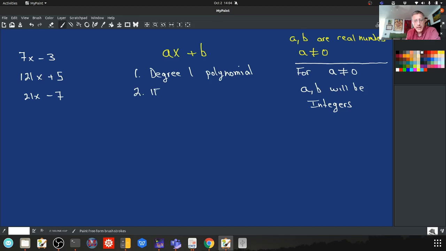Number 2, if a is equal to 1, then the polynomial is called, I'll write this in a different color, monic. Now you will not encounter that in the text, but I might very well use it. It's a standard classification. Many times instead of calling it monic, they will just say the leading coefficient is 1. So that's another word to talk about that.